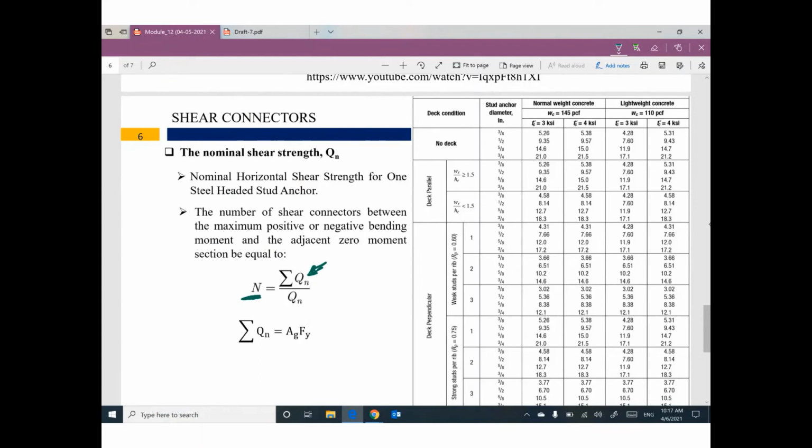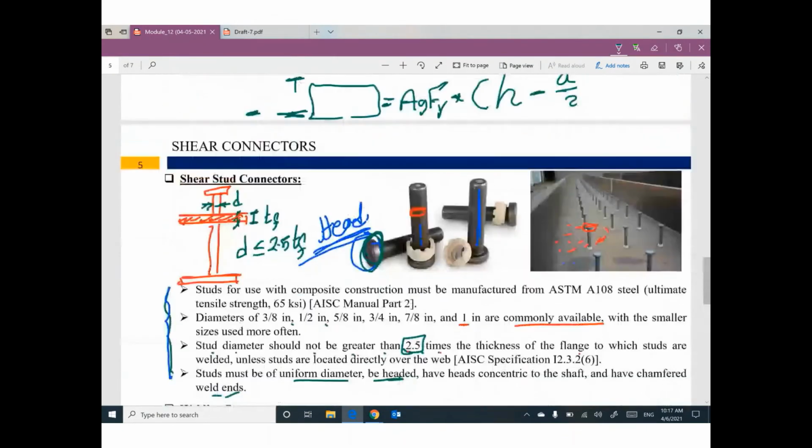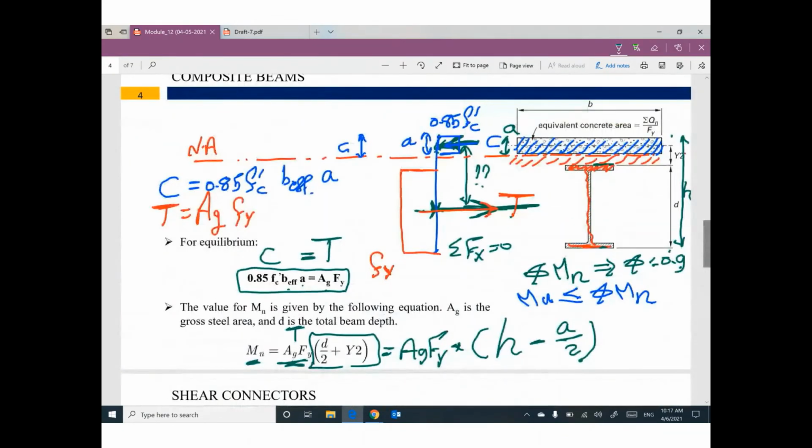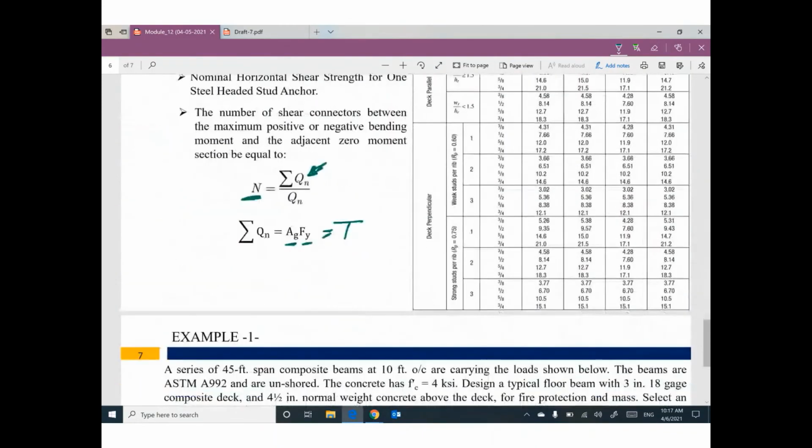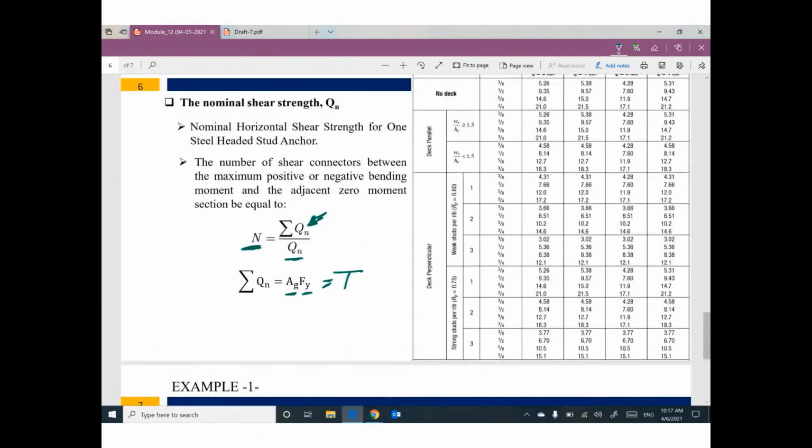Summation Qn equals area gross times F yield, which is T. Do you remember the value of T? It will be the numerator. What about the denominator? Qn is the nominal shear strength of one stud.